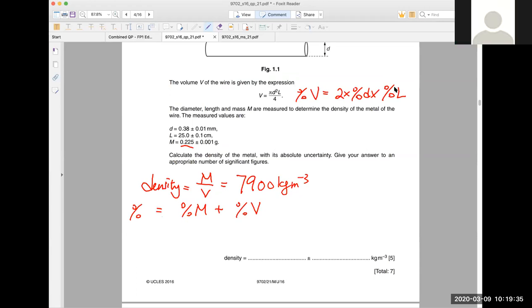Yeah. You want to trick us, right? It's plus, not times. So overall, the percentage uncertainty of density is the percentage uncertainty of mass plus 2 times the percentage uncertainty of D plus the percentage uncertainty of L. And then use your calculator.